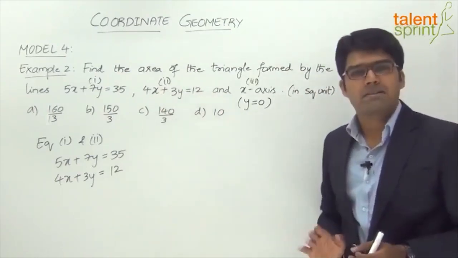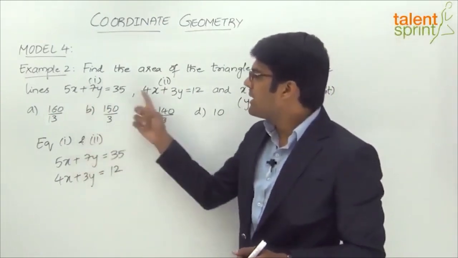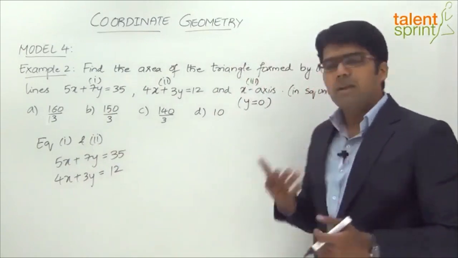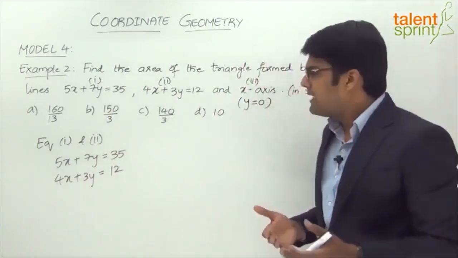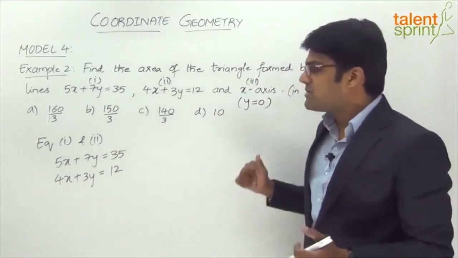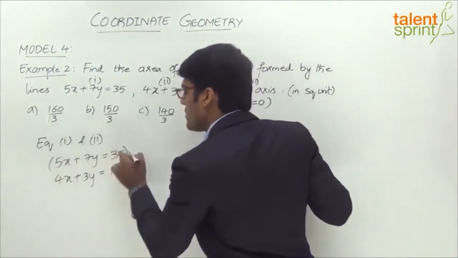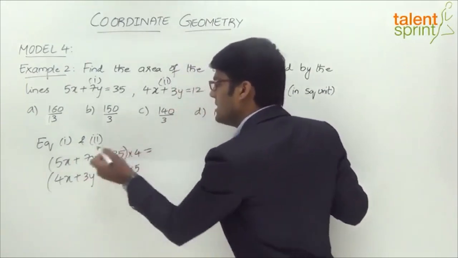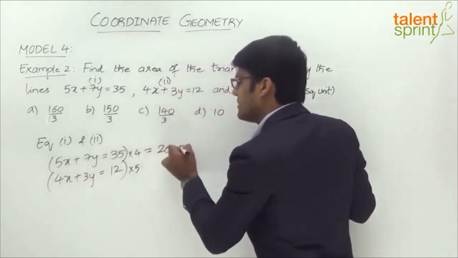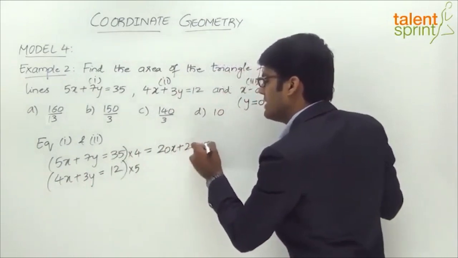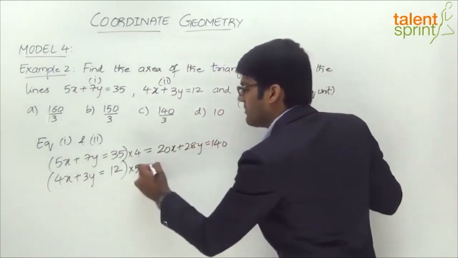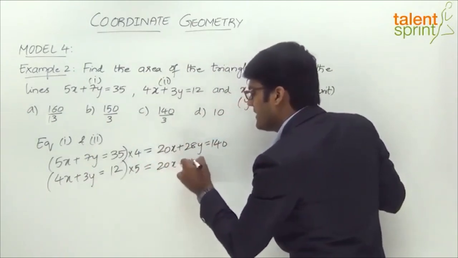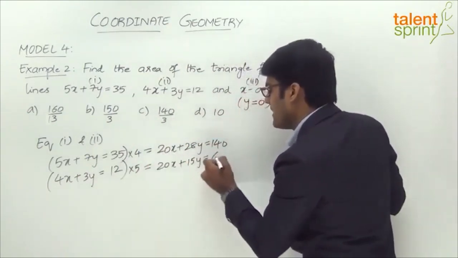Just go ahead and find the vertices. So we are solving equations 1 and 2 now: 5x plus 7y equals 35 and 4x plus 3y equals 12. You very well know how to solve linear equations, right? Let's try to make the coefficients of x equal. So we'll multiply equation number 1 with 4 and equation number 2 with 5. This gives 20x plus 28y equals 140, and from the other we get 20x plus 3 into 5, 15y, equals 12 into 5, 60.